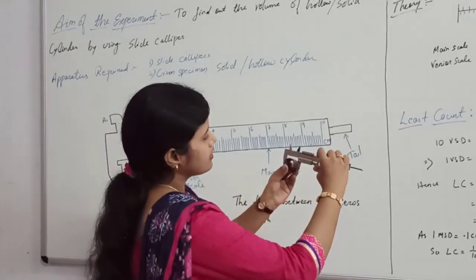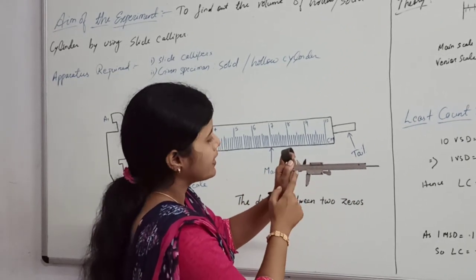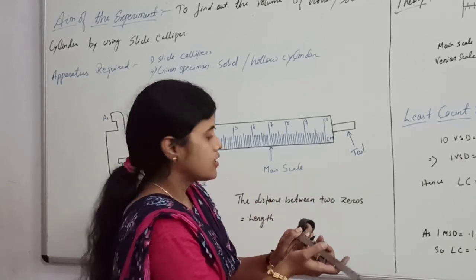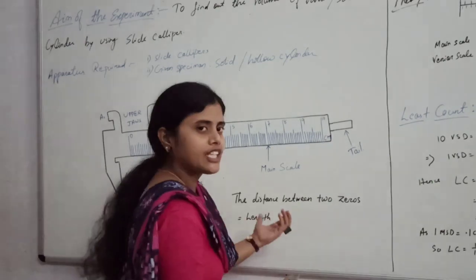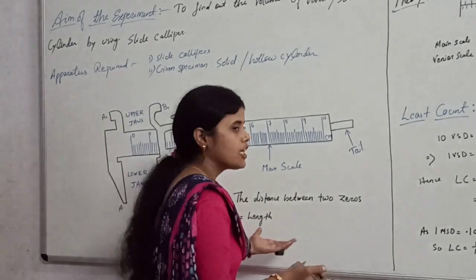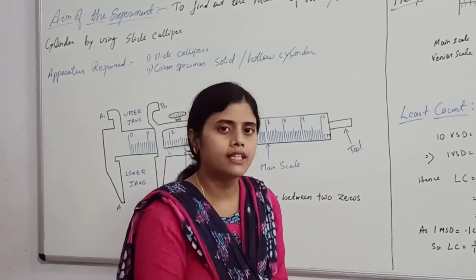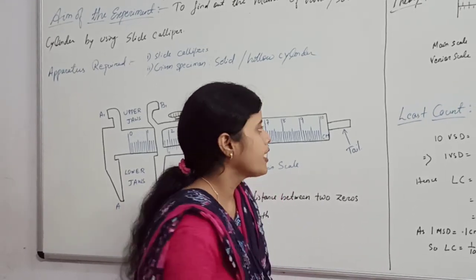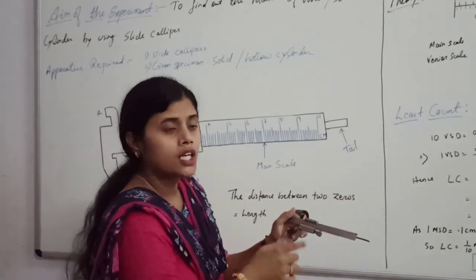So after taking the measurement, I will remove this, and if I will be able to find the distance between these two zeros, then it will give me the length part. So my objective will be achieved, because my objective is finding the length only. Because when we will be able to find the length, then it will be very easy for us to find the volume. Okay. So the distance between two zeros will give you the length.